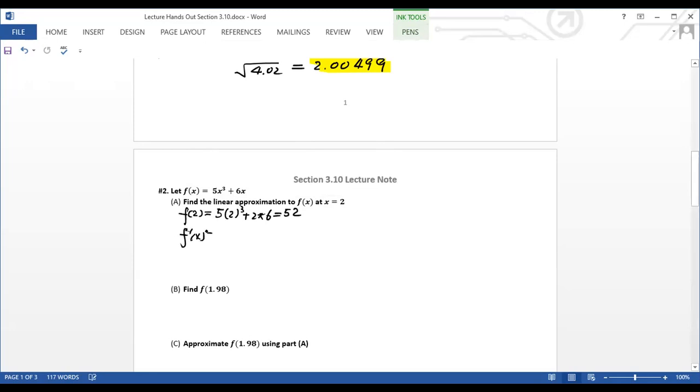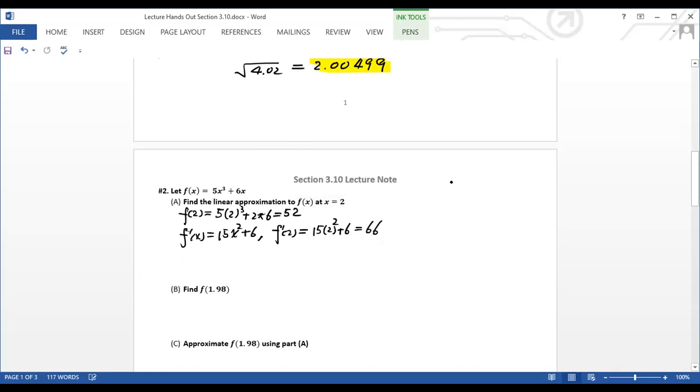And then we can take the derivative. So f prime of x will be 15x squared plus 6, right? Now you plug in 2 for f prime. So you will have 15 times 2 squared plus 6, and this will be 66.